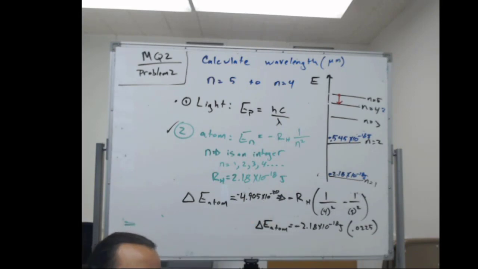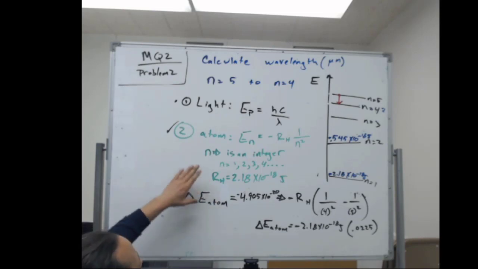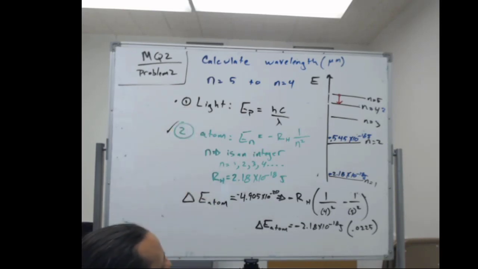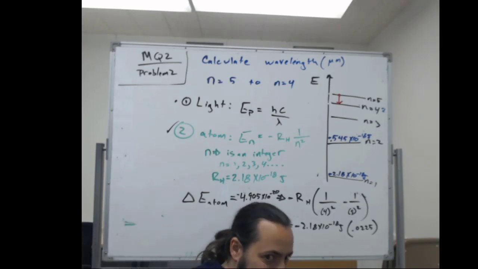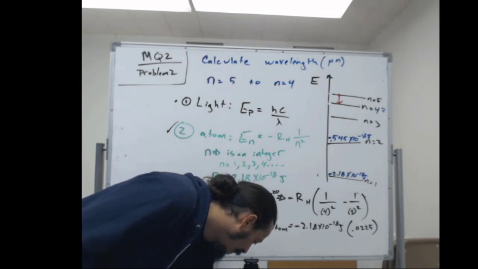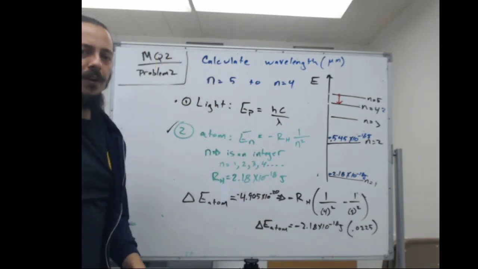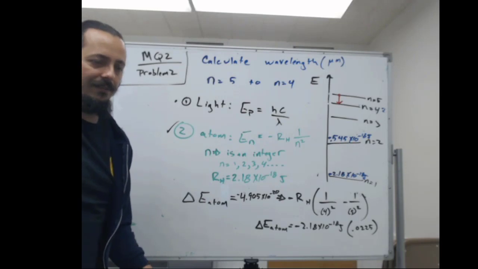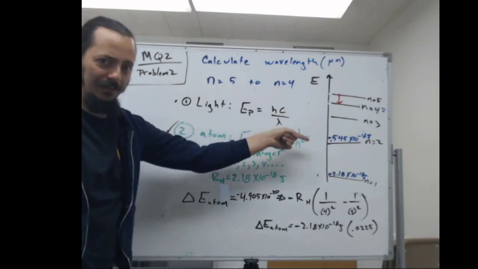When the atom loses energy, it loses that energy as a photon. So we can now bring in this other equation of how this relates. And this is kind of another big, like, whoa moment, the way that the atom energy and the light energy relate to each other. Last quarter, I had a big whoa moment with this, because I realized when I was doing this calculation that all light that exists is because of this.